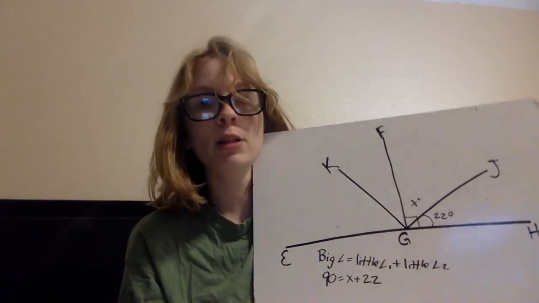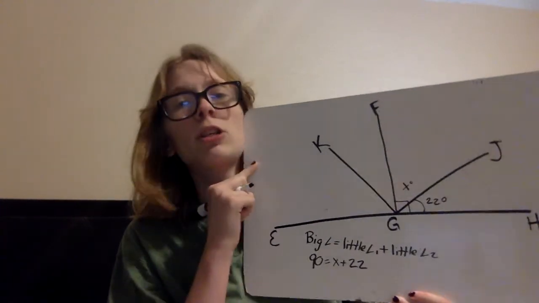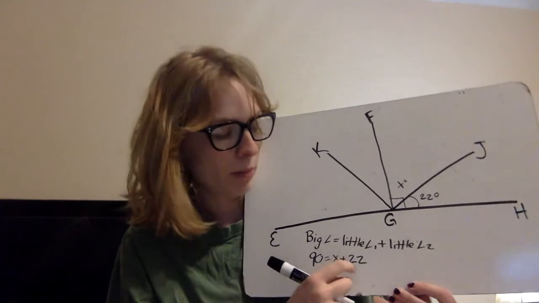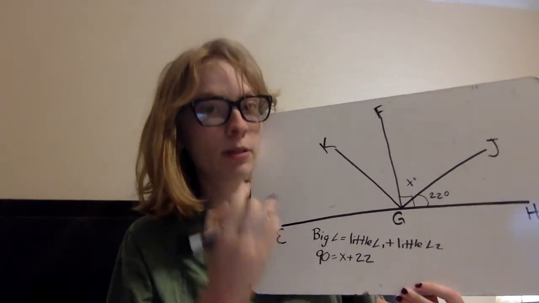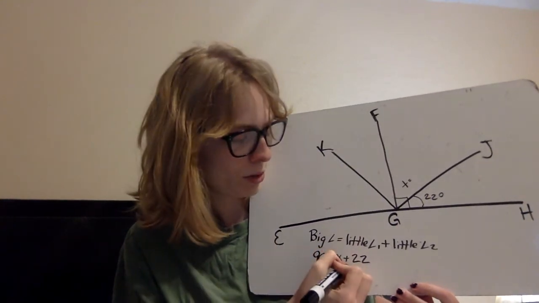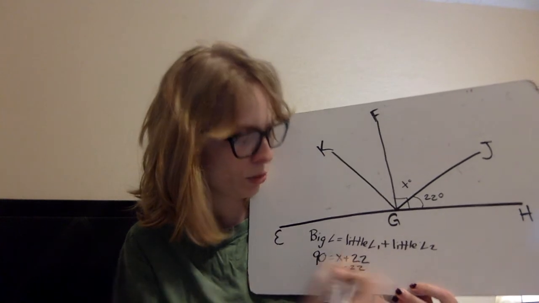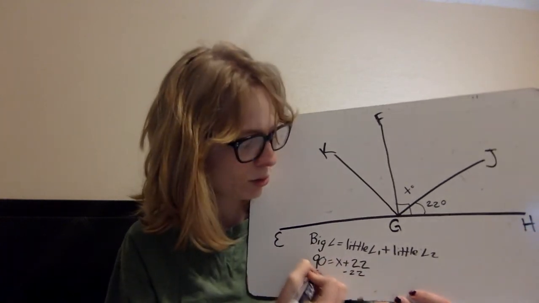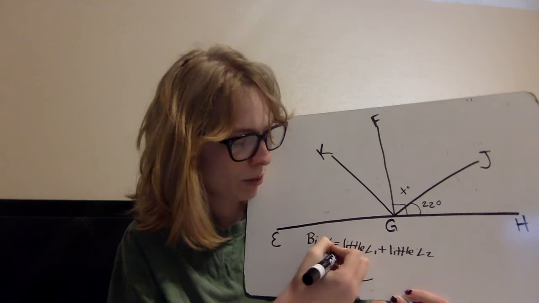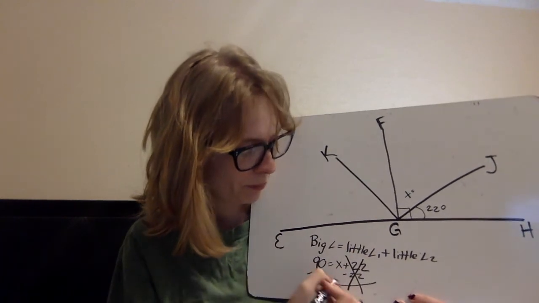So just like with the last one, I'm just going to do the opposite. My opposite of addition is subtraction. So minus 22 minus 22. Right here, we know that this cancels out.